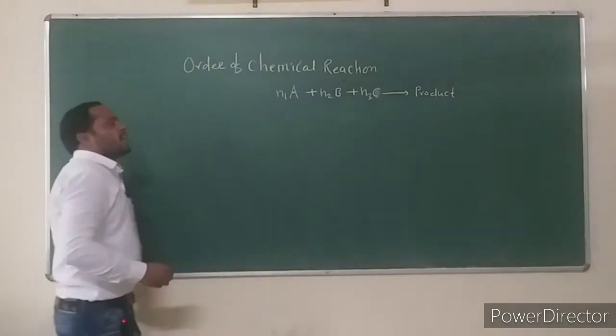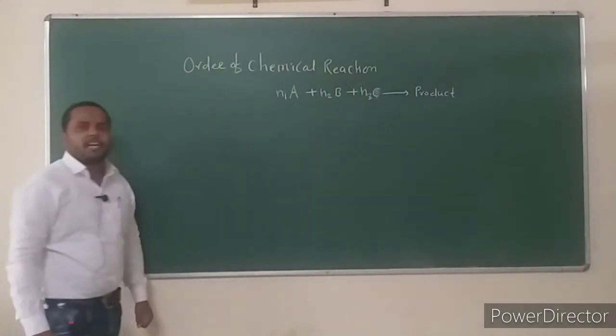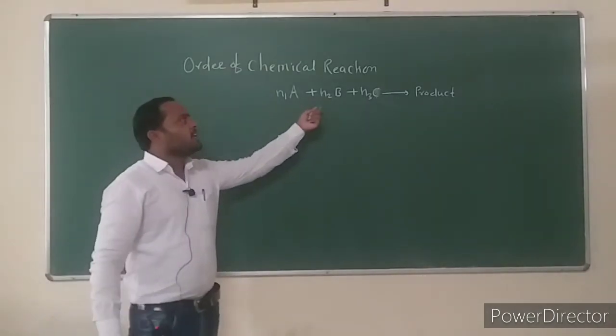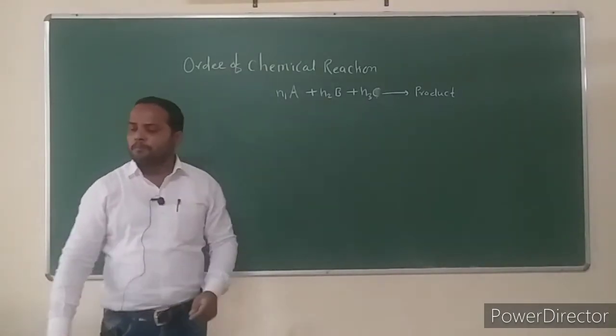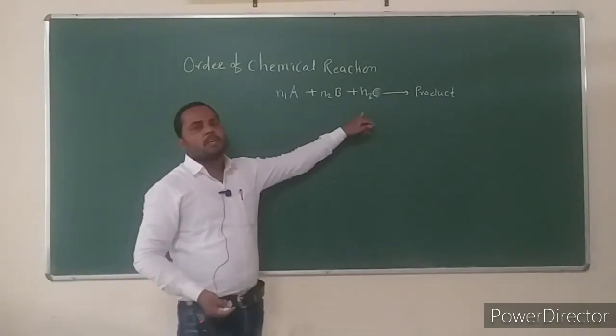These are the three reactants A, B and C. n1 is the number of moles of reactant A, n2 is the number of moles of reactant B and n3 is the number of moles of reactant C.